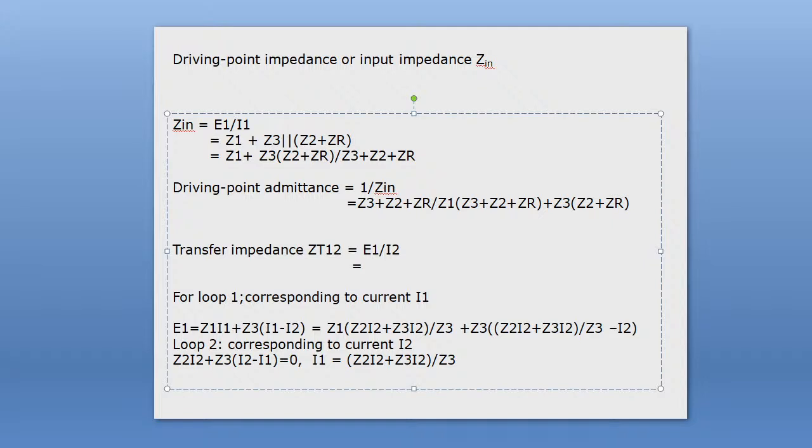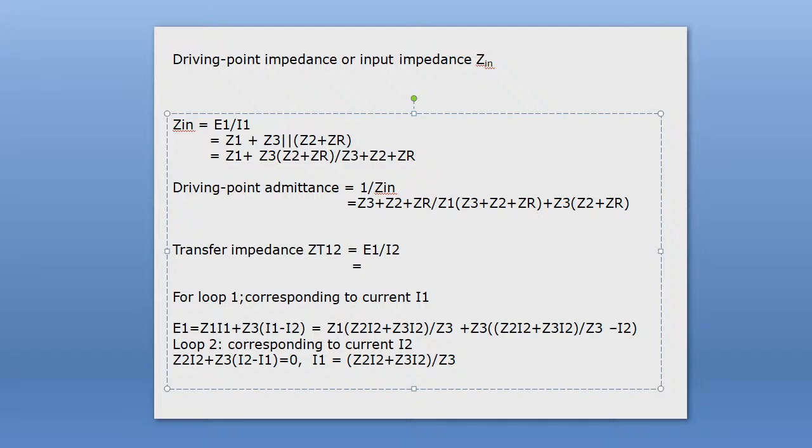Okay, so first we have derived the expression of current I1 in terms of I2 and given impedances. After that we have inserted the value of I1 in the loop equation for loop 1 through which I1 current flows.